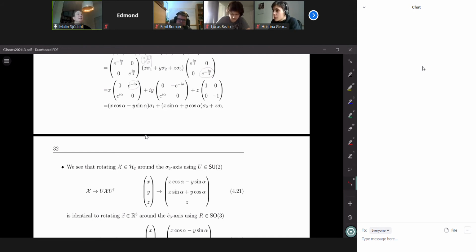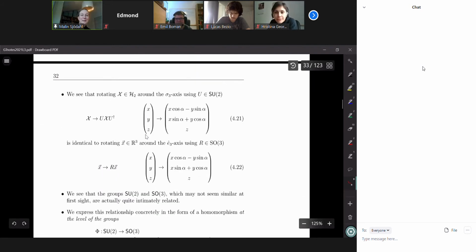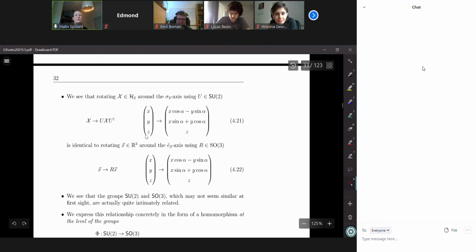So now I hope that someone recognizes this as something familiar, because if you look at it, I can see that at least Matthias is following this. So we see that we have actually an ordinary rotation. So this is what we get for an ordinary rotation in 3 dimensions around the z-axis. So the z-axis remains unchanged, and the x and y have changed as they do for an ordinary rotation.